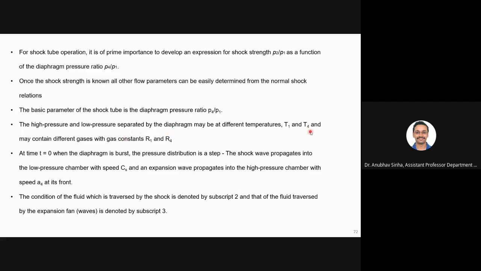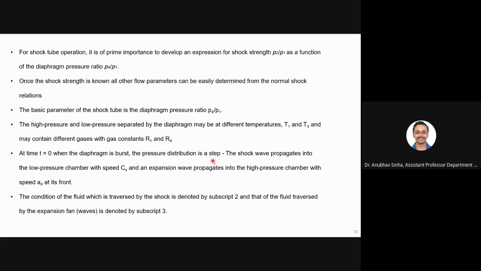The basic parameter is P4 by P1, the diaphragm pressure ratio. We also have different temperatures, T1 and T4, and because you have different temperatures, the gases could also have different R. All this we need to consider while we derive a relation. Now let us say at t equal to 0, we burst the diaphragm.